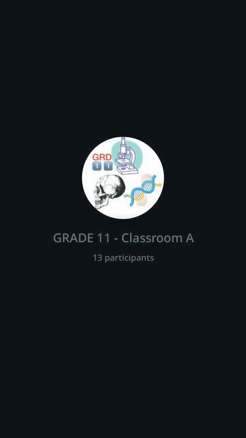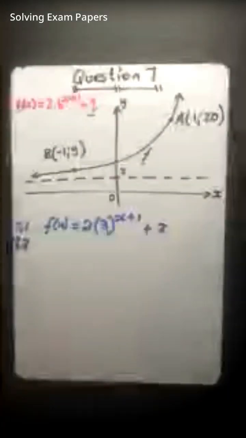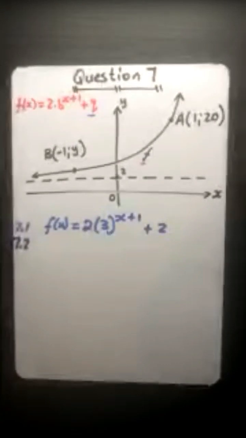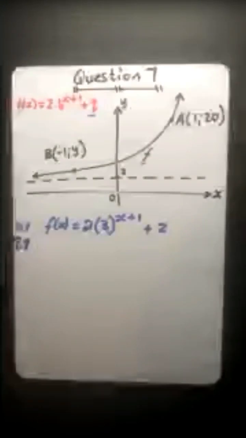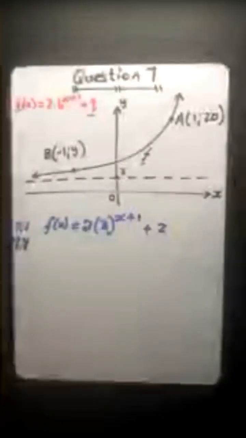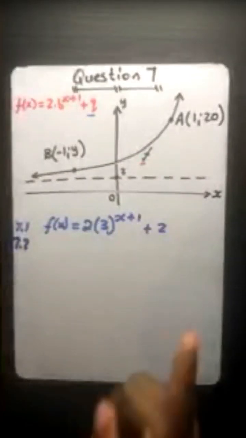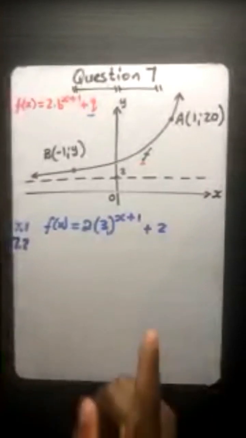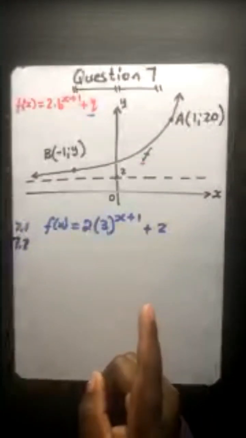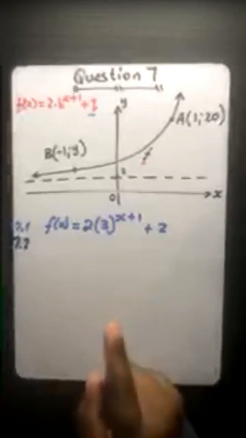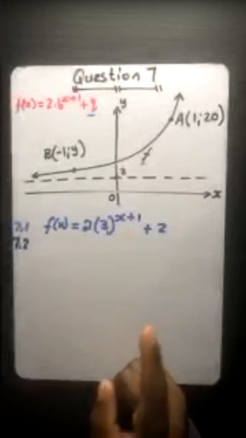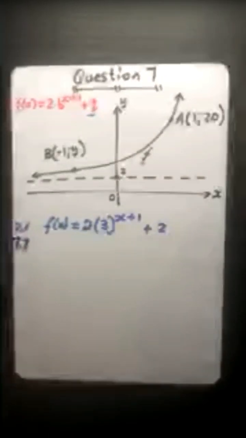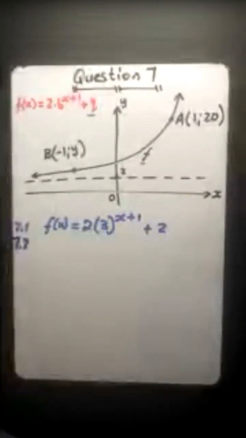So let's see. 7.2 says: calculate the y coordinate of the point B. Listen very carefully. Calculate the y coordinate, not coordinates, but the y coordinate of point B. That means it's only one value that they are looking for.